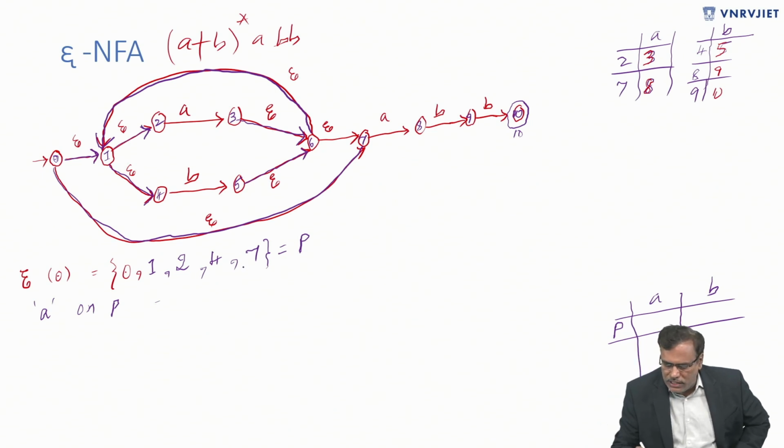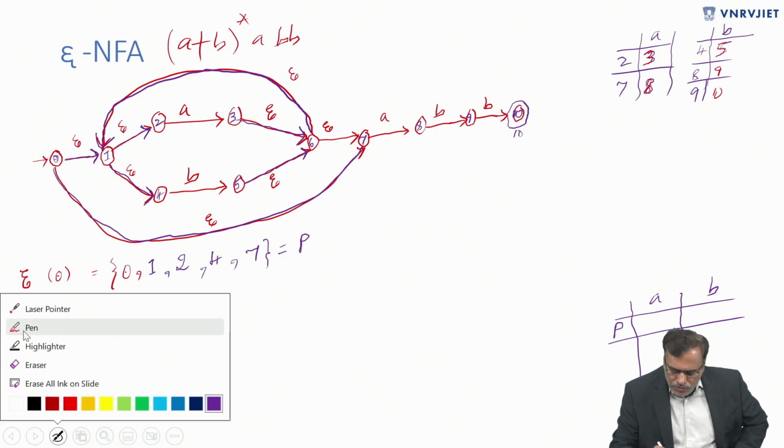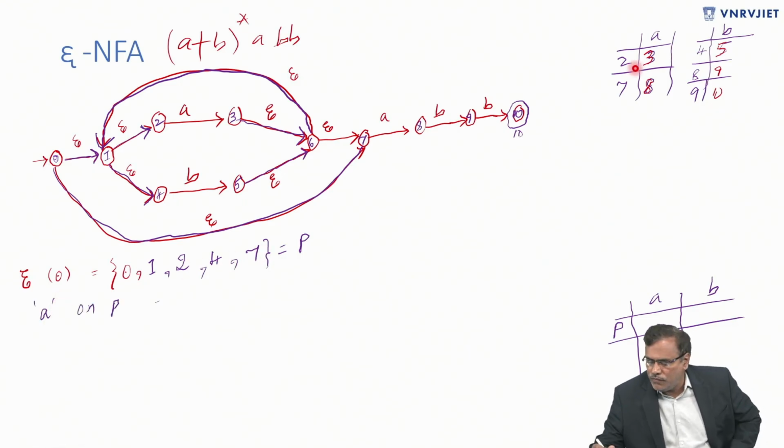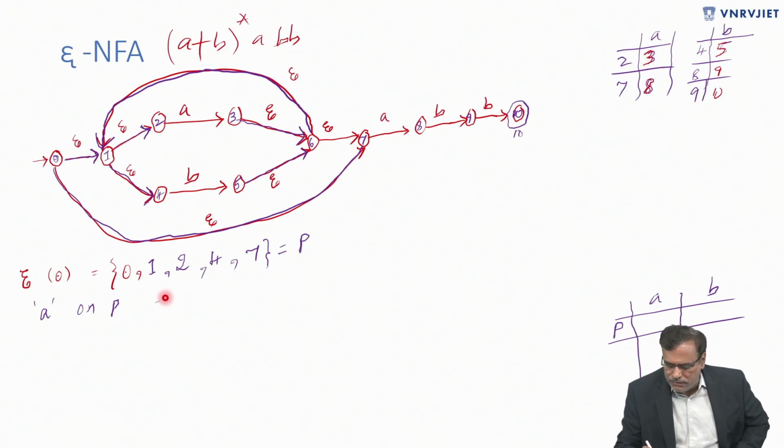Are these 2 and 7 available in the set P? Yes, both are available. From 2 and 7 you can reach states 3 and 8. Therefore, A on P gives 3, 8.